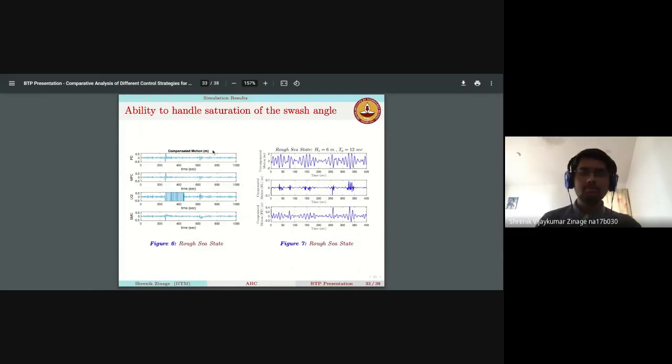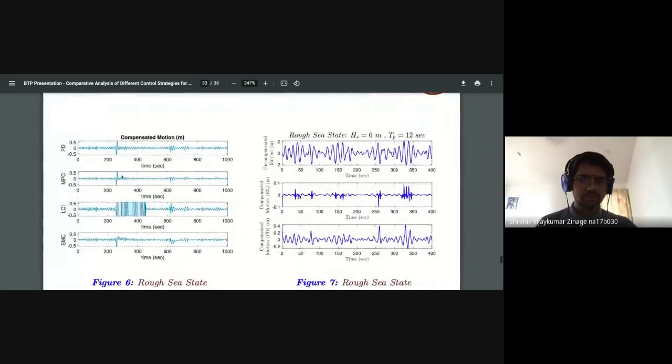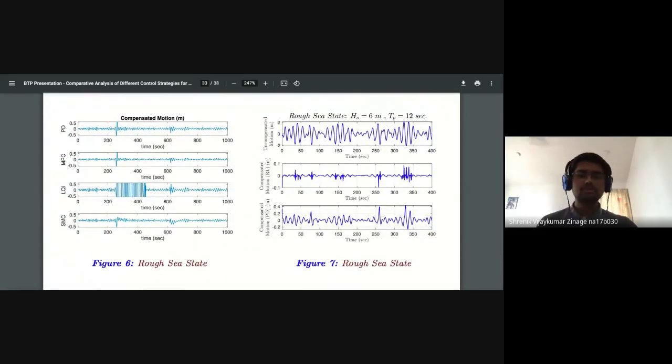Now talking about the ability of each controller to handle the saturation of the swash angle, the figure on the left shows the compensated motion in rough sea state for each of the controllers. If you see here, at around 250 seconds there was a high peak due to saturation in the swash angle. The controllers were not able to control that payload motion, and LQI control suffered the most.